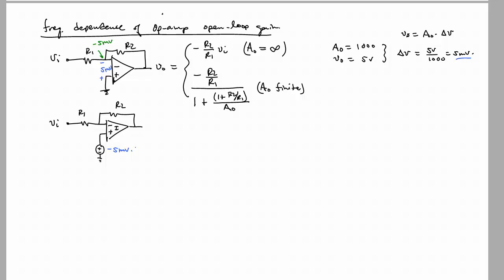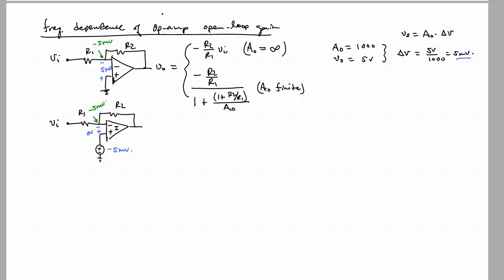So if this is an ideal op amp, now the voltage between the non-inverting and inverting input is going to be 0 volts. Right? So from the vantage point of R1 and R2, that inverting input is at minus 5 millivolts, and we want to keep it at minus 5 millivolts.